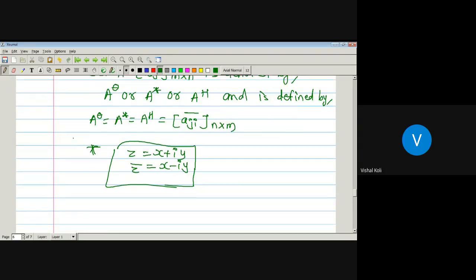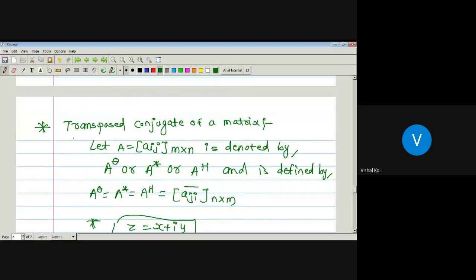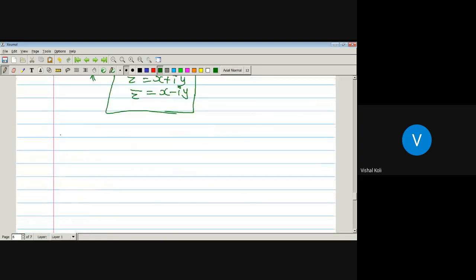Okay. So what is a transposed conjugate matrix? If we have a matrix A, then its transposed conjugate is nothing but first taking its conjugate and then its transpose, or first taking its transpose and then its conjugate. Let us see by taking one example. Suppose we have a matrix A having entries A1, B1, C1, A2, B2, C2, and A3, B3, C3.